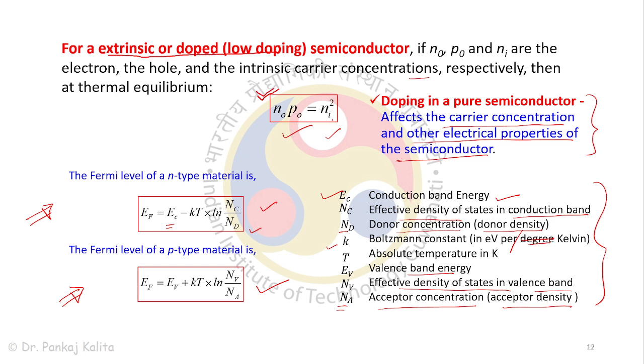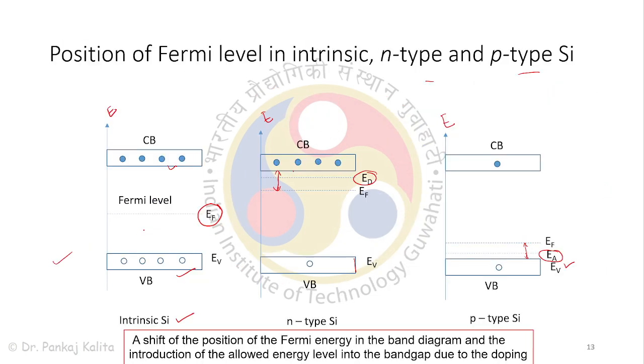Basically, doping in a pure semiconductor affects the carrier concentration and other electrical properties, and the Fermi level of n-type and p-type material you can understand like this. If this is your Fermi level, and this is the conduction band and valence band, in intrinsic type it is midway between the conduction and valence band.